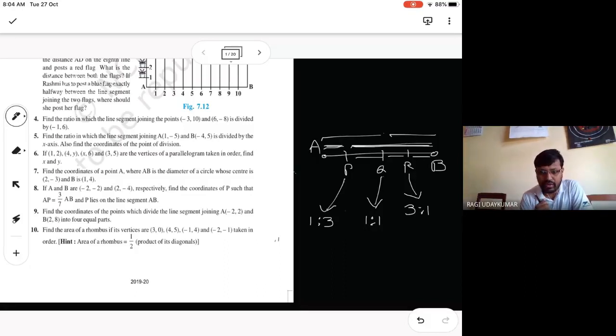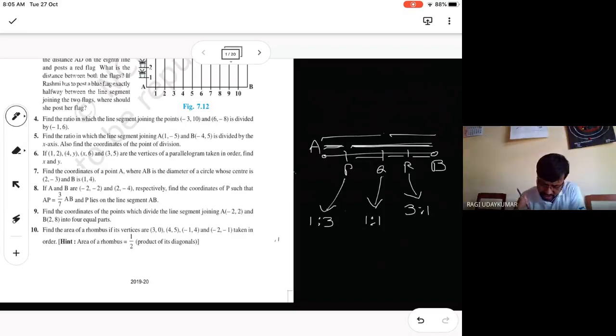Draw a diagram. P divides AB in 1:3 ratio, Q divides AB in 1:1 ratio, R divides AB in 3:1 ratio. Then apply the section formula to find the 3 points. It's not difficult, the concept is understood? You do it as homework.